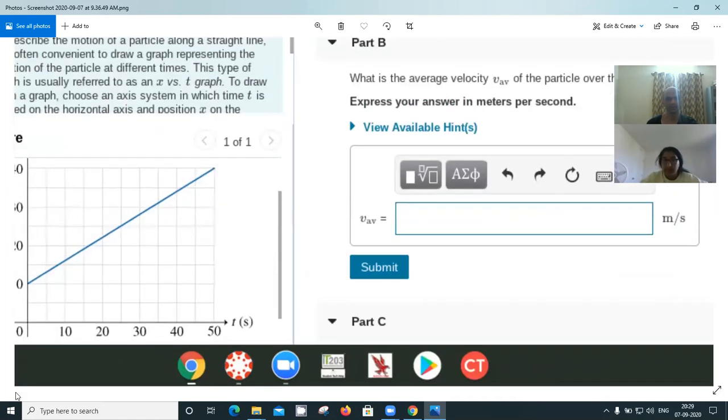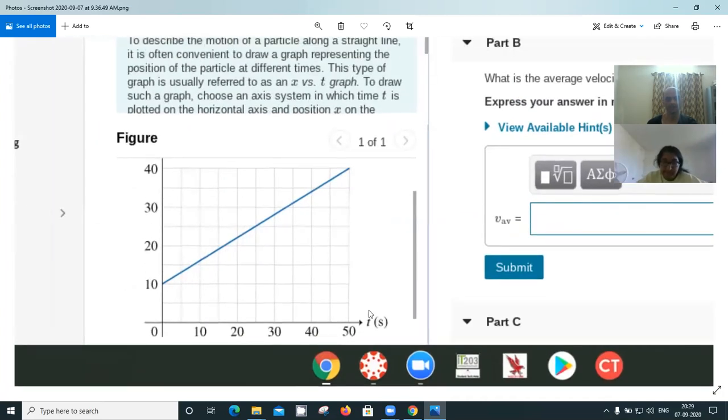So it is this interval. So delta x is how much? Delta x is 30, and delta t is 50. So 30 divided by 50, it's 3 by 5. 3 by 5 is same as 6 by 10. So it's 0.6.